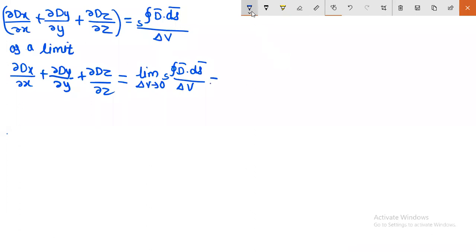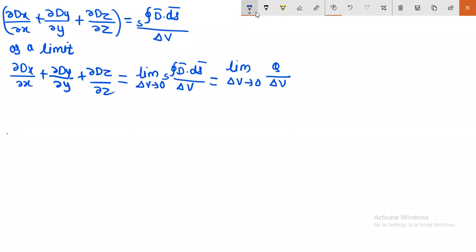So it is equal to Q, right? We all know the Gauss law. This Q is equal to the closed surface integral of D bar dot dS bar. So it is equal to the limit as delta v tends to 0 of this Q divided by delta v.